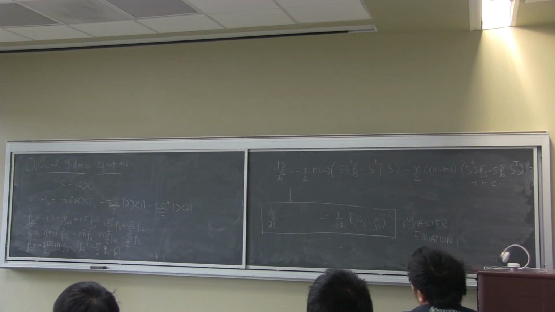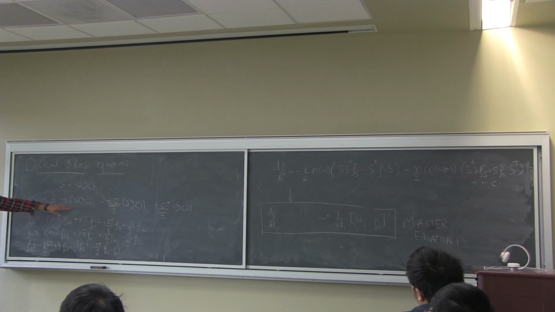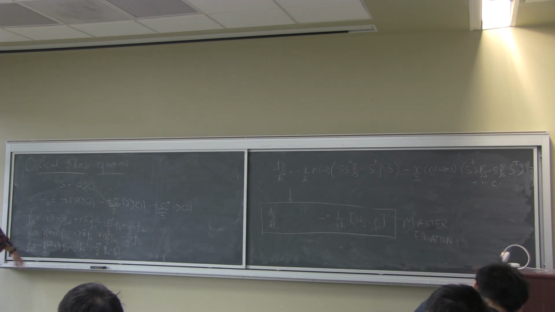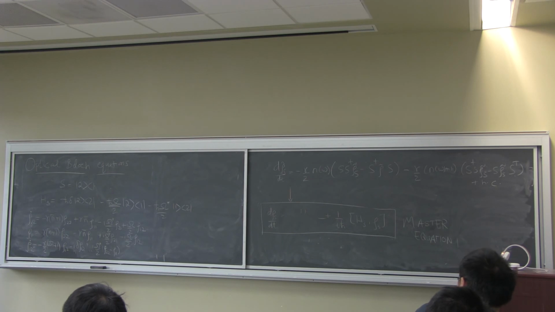For example, one of the simple approximations would be, suppose Δ is the largest frequency in the problem, okay? So for example, you have a laser which is far detuned from the 1-2 transition, then you can use adiabatic elimination. You can set ρ12 dot equal to 0, and you can express ρ22 and ρ11 in terms of Ω and Δ, and then you can substitute back here, and you arrive at what we call the rate equations, okay?